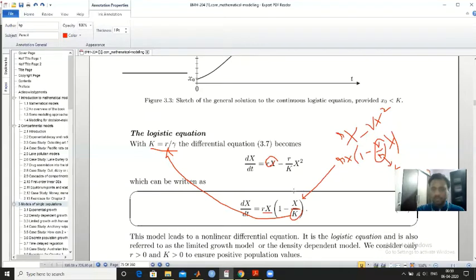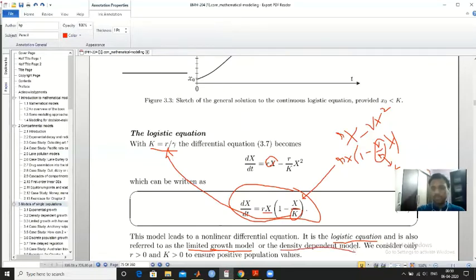And this differential equation, as I said before, is known as the logistic equation, or it is also referred to as the limited growth model, or model with limited resources, or density dependent.